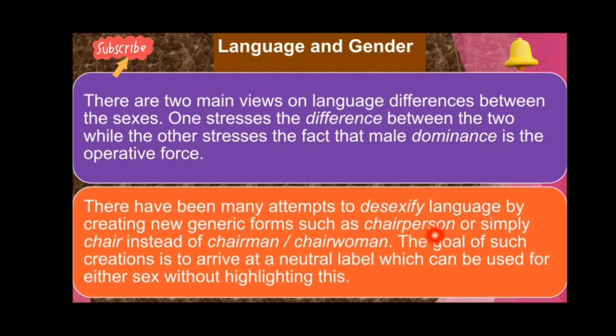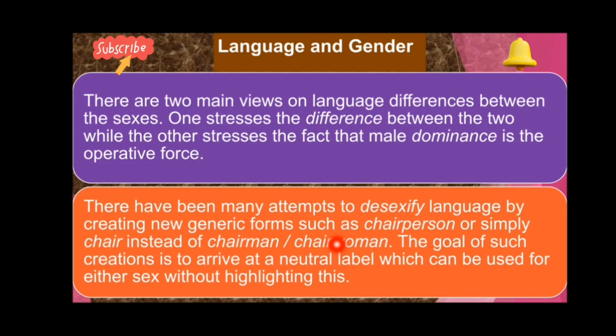Or simply "chair" instead of chairman or chairwoman. The goal of such creation is to arrive at a neutral label which can be used for either sex without highlighting it. So here is how they desexify language: chairperson instead of chairman, or chair instead of chairman or chairwoman.